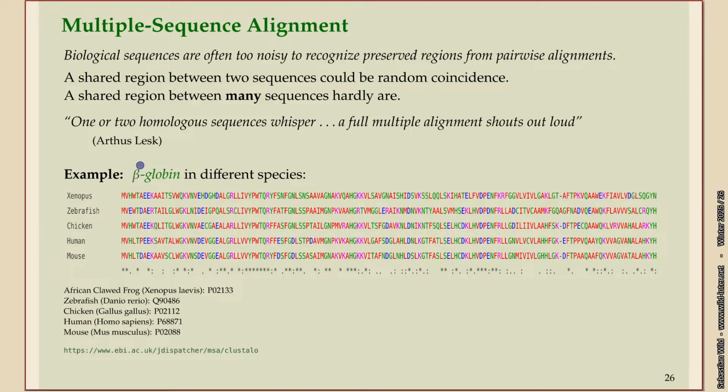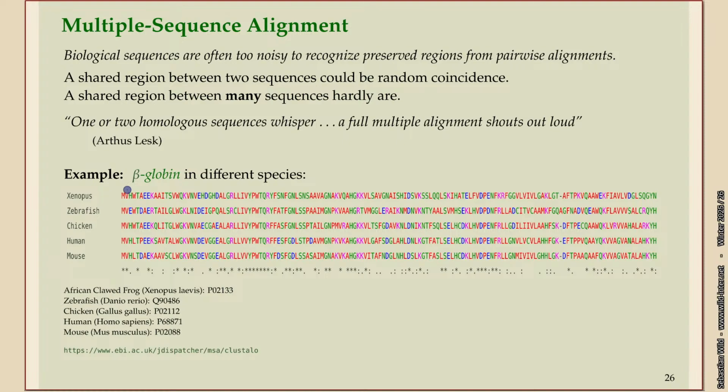If you look at this one version of these in different species, there's us, but there's also mice and chicken and zebrafish and this African clawed frog as some example of species. These are all animals, but they're not super close, right? They're not all mammals, etc.